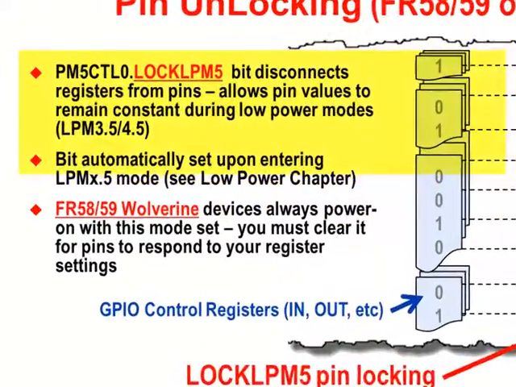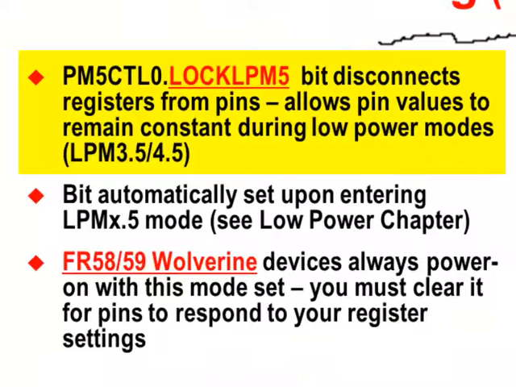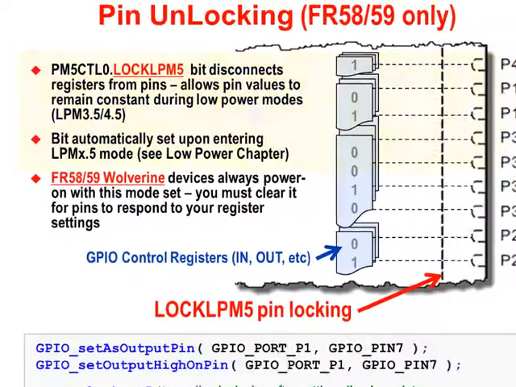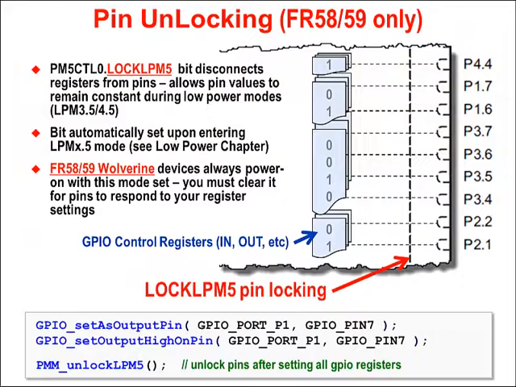What this really does, so there's a pin locking feature. It's really there for if you go into the lowest power modes. In the very lowest power modes, we take all the power away from the registers that drive the pins. Problem is that if we aren't driving those pins, they're not going to hold their state. So what we can do is lock those pins to whatever state they're at. And that's what the lock LPM5 is all about.